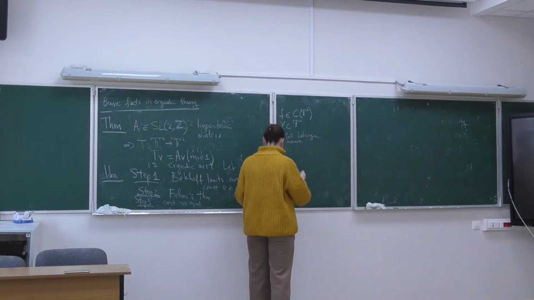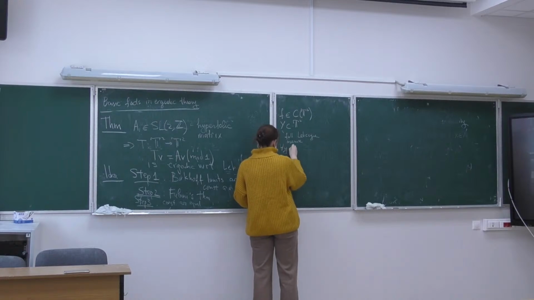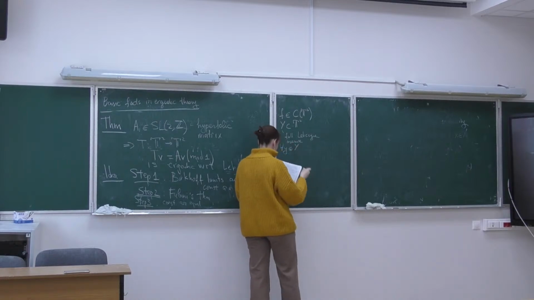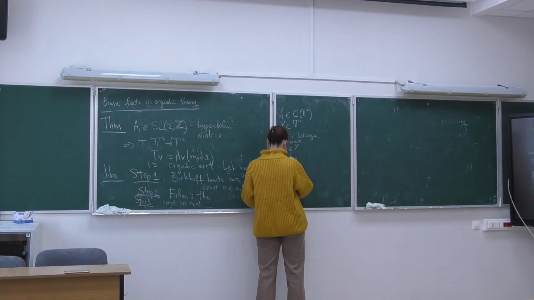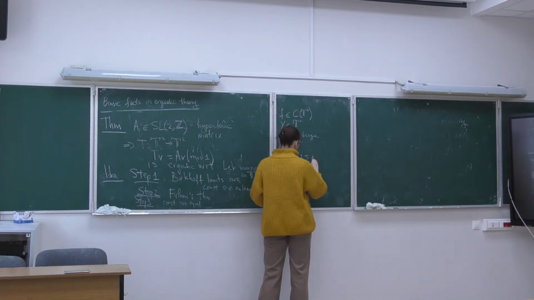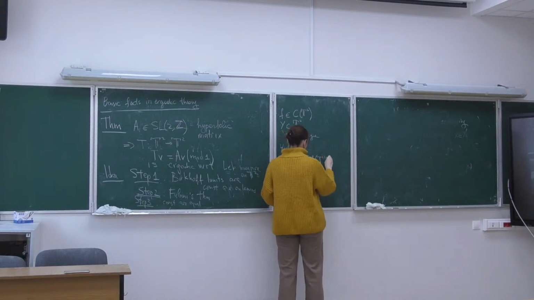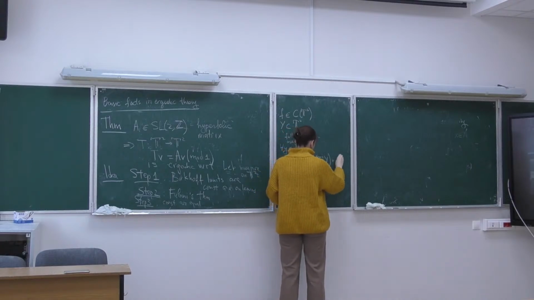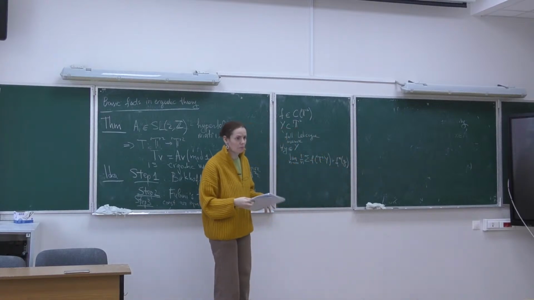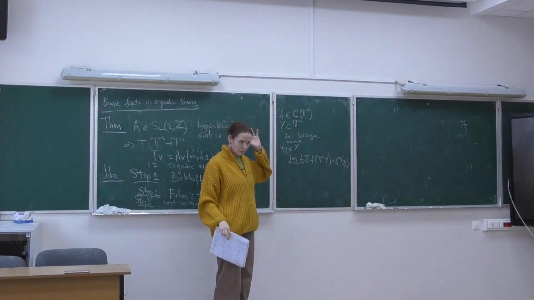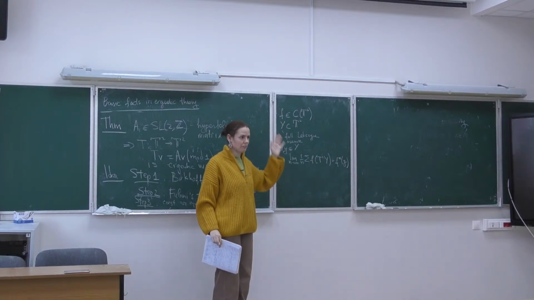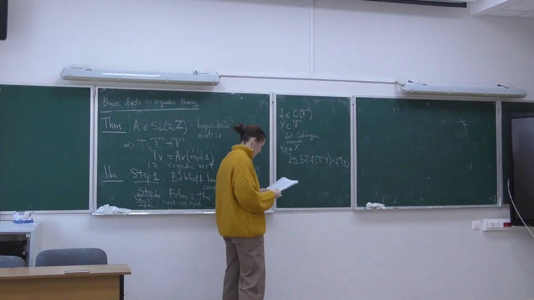And for any element of this set, the limit of 1 over n sum of f(T^i y) is f star y. Okay? It exists because of the Birkhoff-Ergodic theorem, because we have a measure preserving transformation.